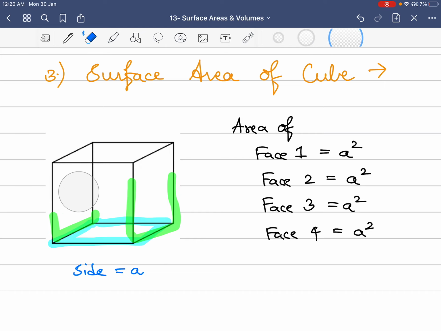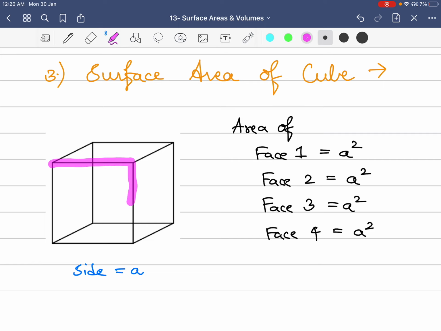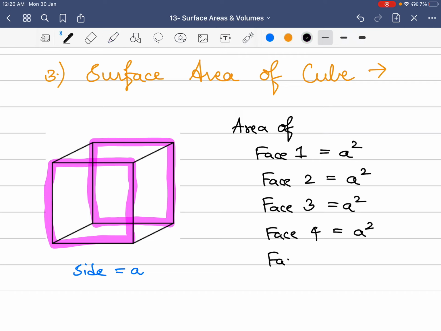And finally we have this as our face number 5, and this square behind as our face number 6. Again, their area is also side into side, which is a square.